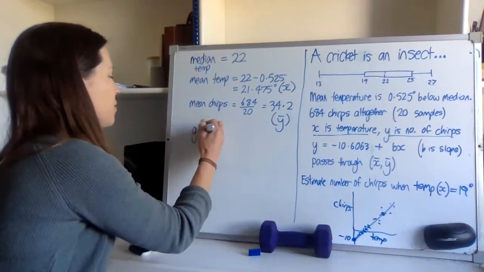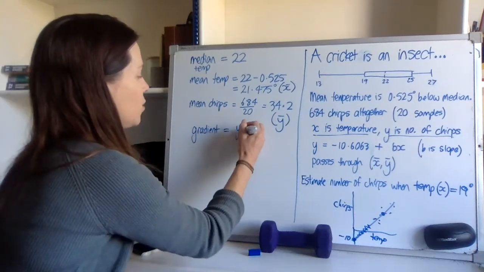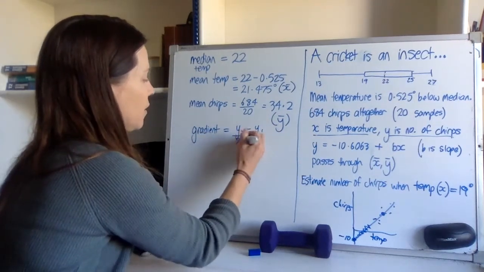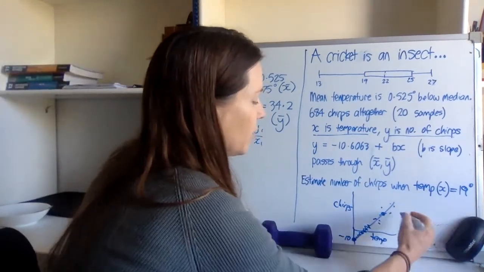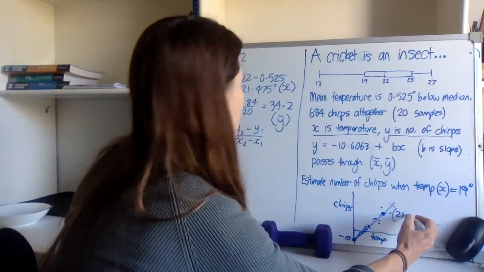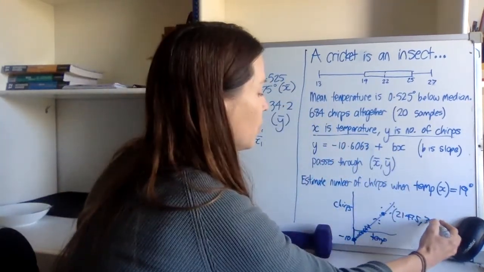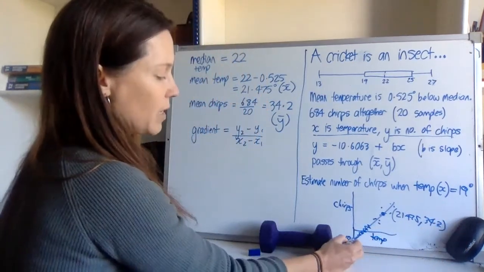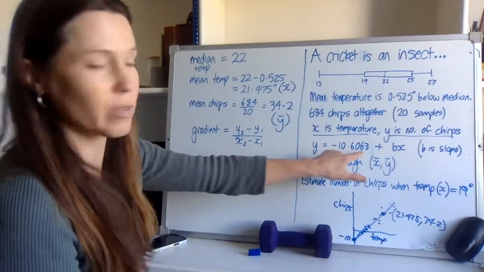So if gradient is rise over run, then we need to do y2 minus y1 over x2 minus x1. Now here, a little sketch is handy. You know that this is 21.475, 34.2. And this point down here is 0, minus 10.6063.